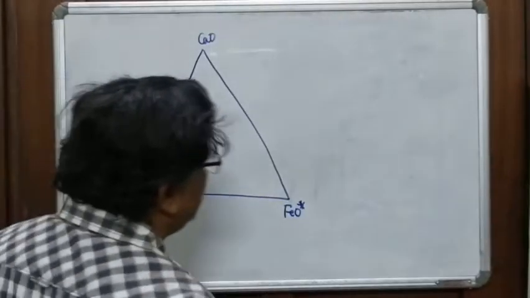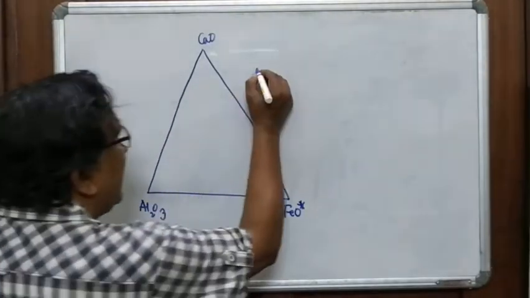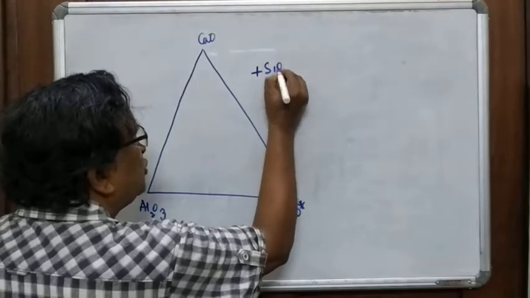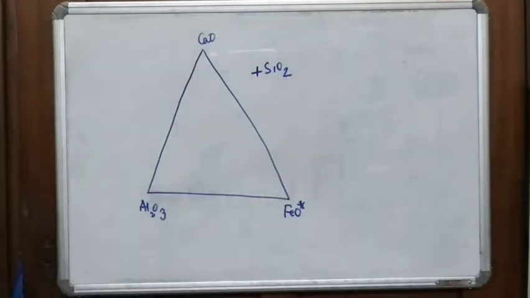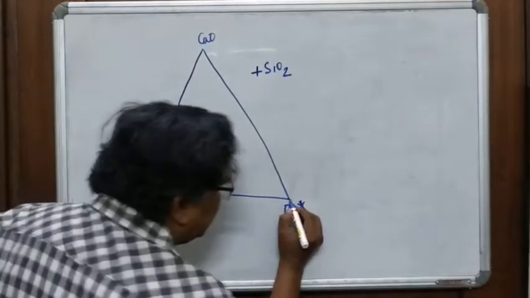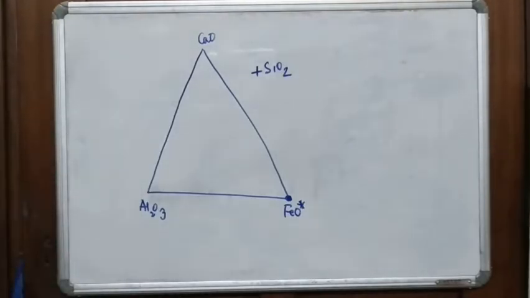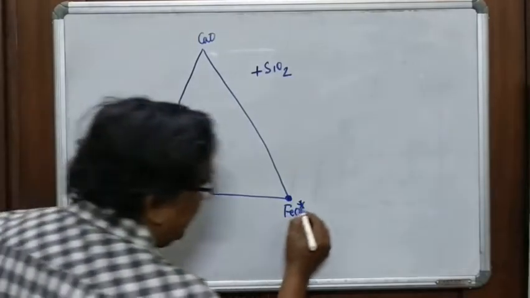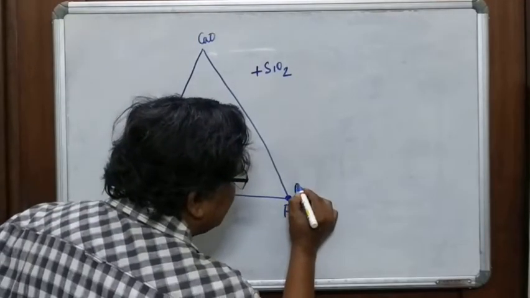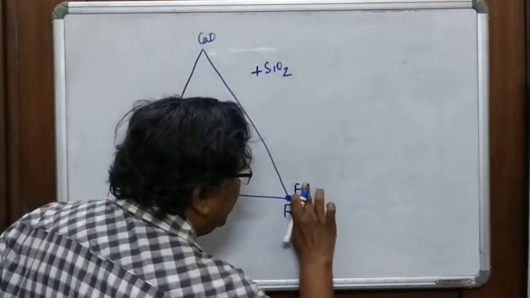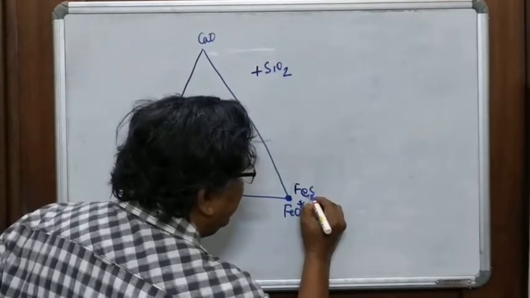So if I have to plot, and here you have plus SiO2 because that is in excess. So here if I plot, what is this position then for plotting? This plotting position then is for orthopyroxene. So since we have taken FeO star, let's say this is FeSiO3.